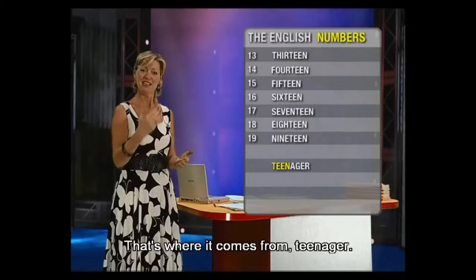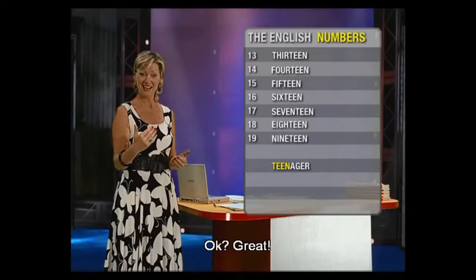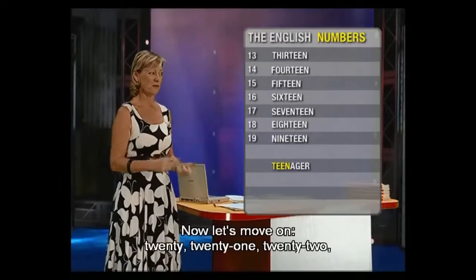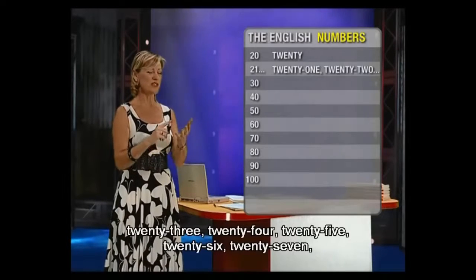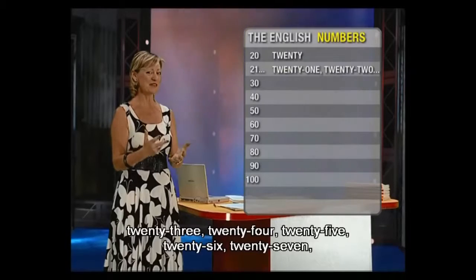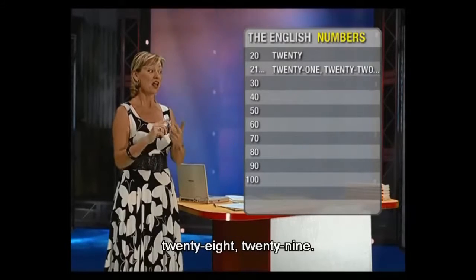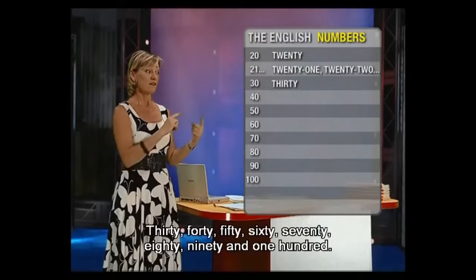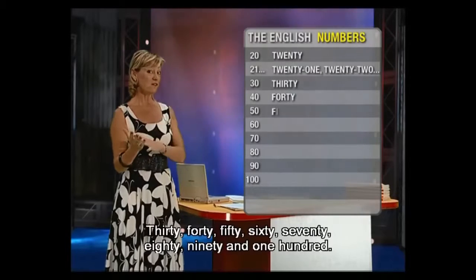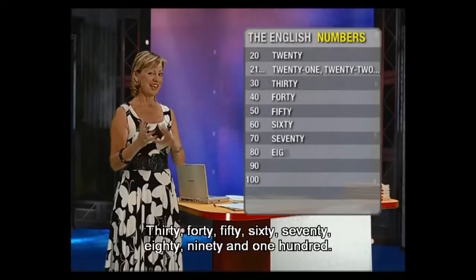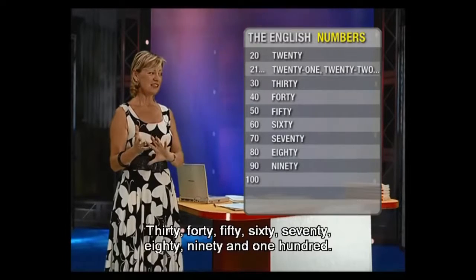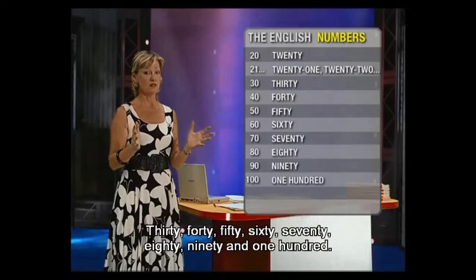That's where it comes from, teenager. Okay? Great. Now let's move on. 20, 21, 22, 23, 24, 25, 26, 27, 28, 29, 30, 40, 50, 60, 70, 80, 90, and 100.